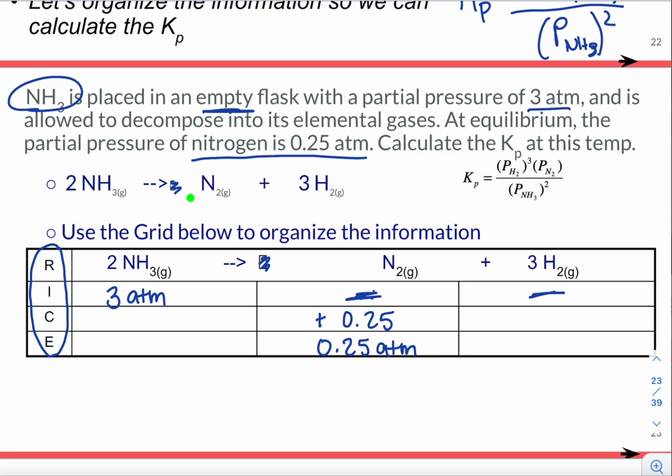So here, we're going to take our 0.25 and multiply it by 3. Because again, for every one N2, we form 3 H2s. So instead of the change being 0.25 here, it's going to be 0.75.